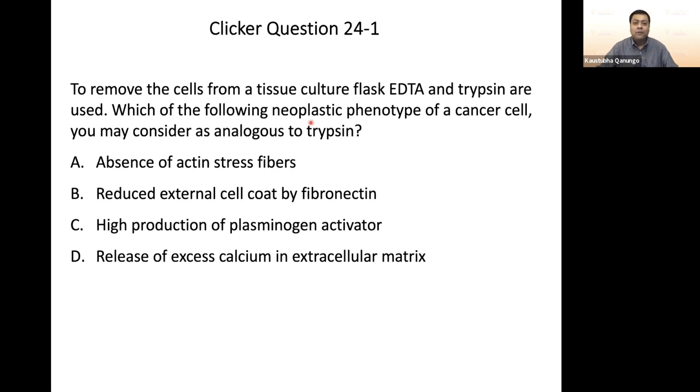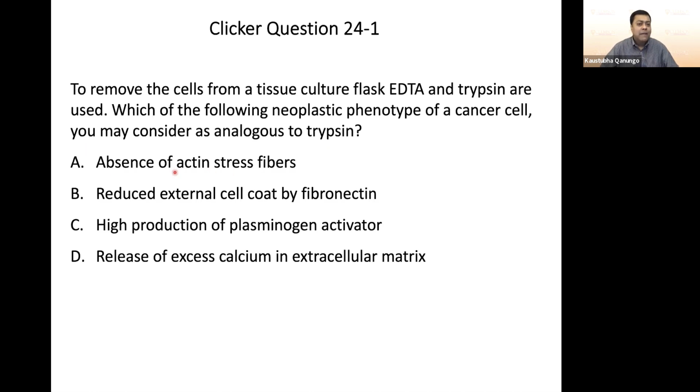Which of the following neoplastic phenotypes of a cancer cell may you consider analogous to trypsin? It is probably a question where you need to remember your first chapter. This type of question will not appear just by itself in your exam. I'm just giving you this example so we can discuss it.